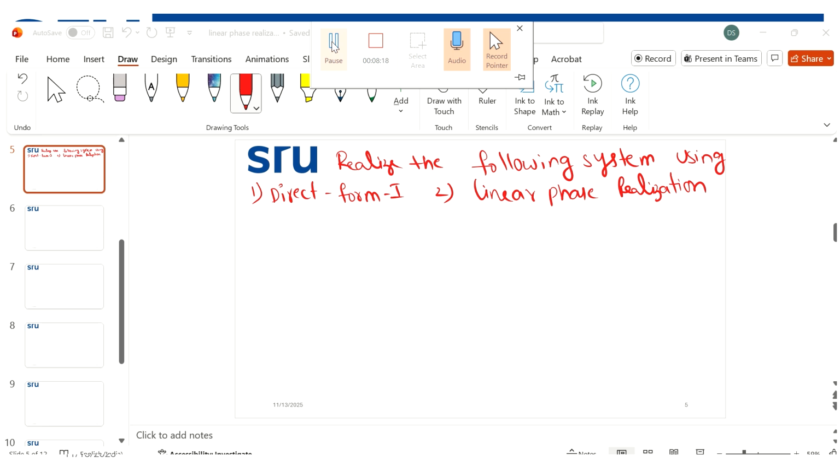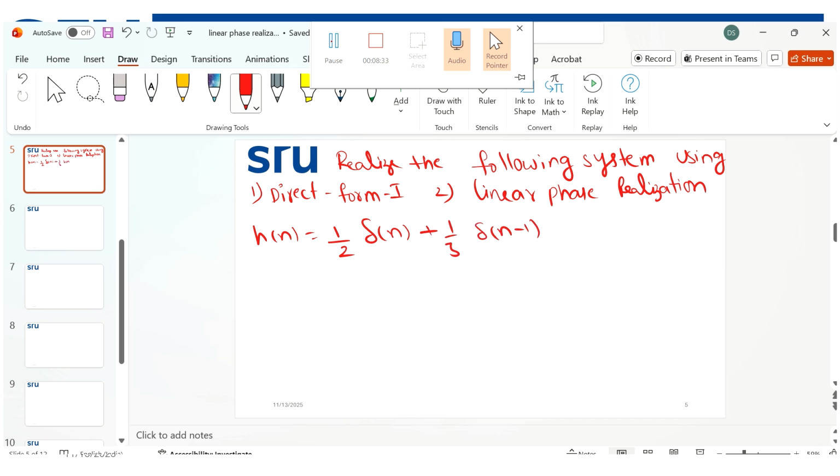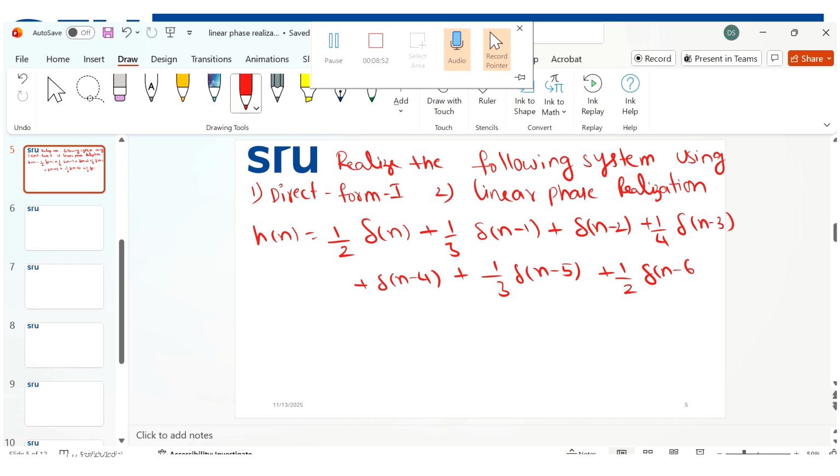We have one problem to solve using the direct form 1 as well as the linear phase realization. Given impulse response h of n is equal to 1 by 2 del of n plus 1 by 3 del of n minus 1 plus del of n minus 2 plus 1 by 4 del of n minus 3 plus del of n minus 4 plus 1 by 3 del of n minus 5 plus 1 by 2 del of n minus 6.